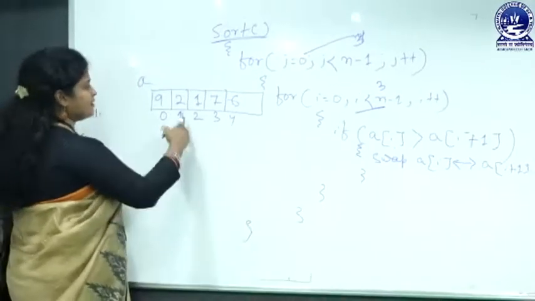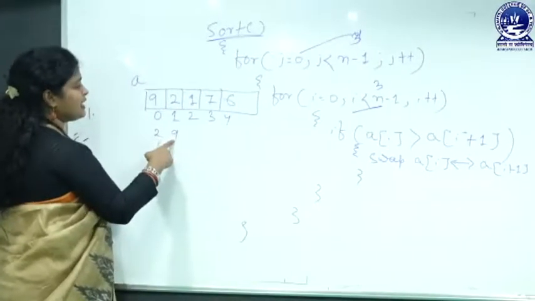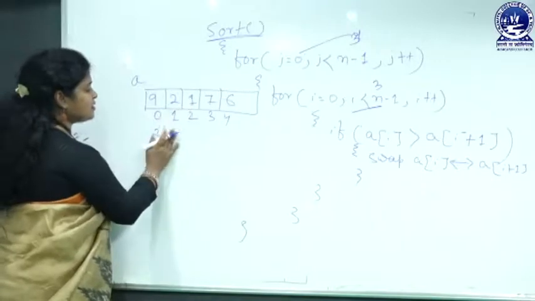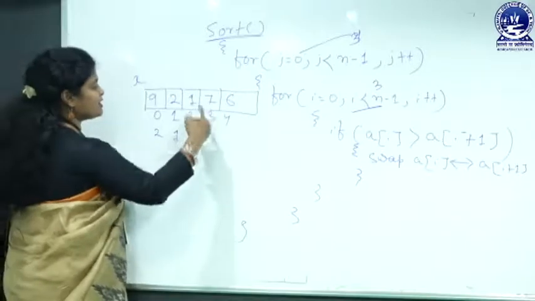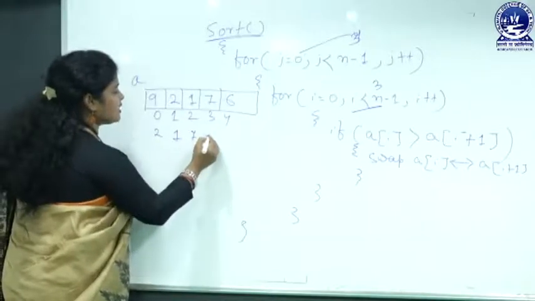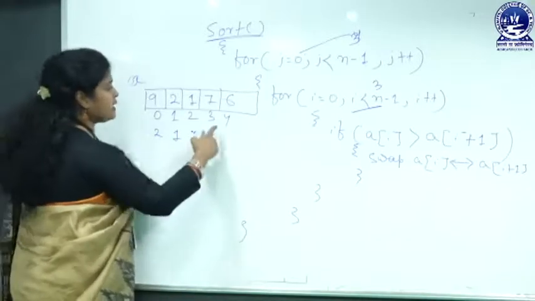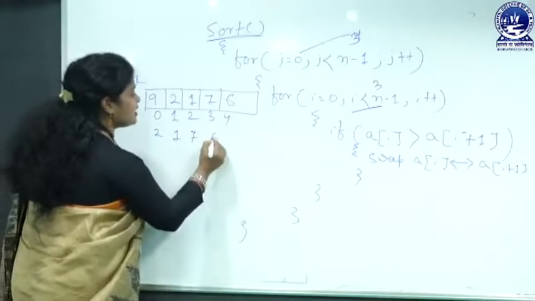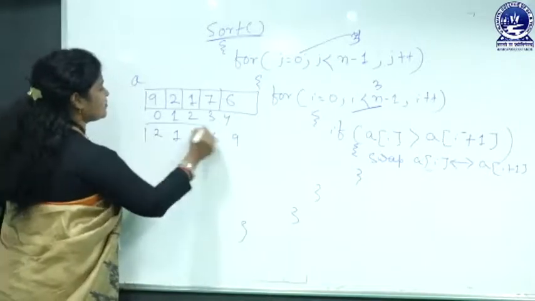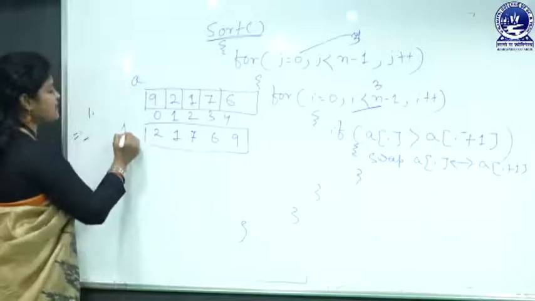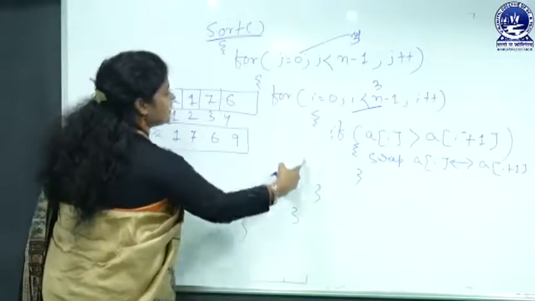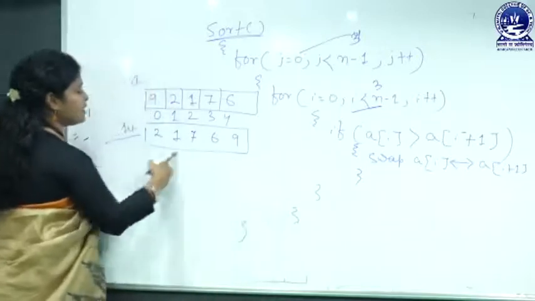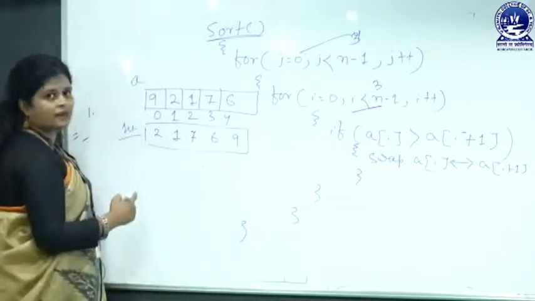Then 9 is greater than 1, so 1 will come here, then 9 will come here, then 9 with 7, 7 will come here, 9 will come here, then 9 with 6, 6 will come here, then 9 will be here. This is after the first iteration. After the first iteration, the inner loop will perform the operation and we will get this type of output.